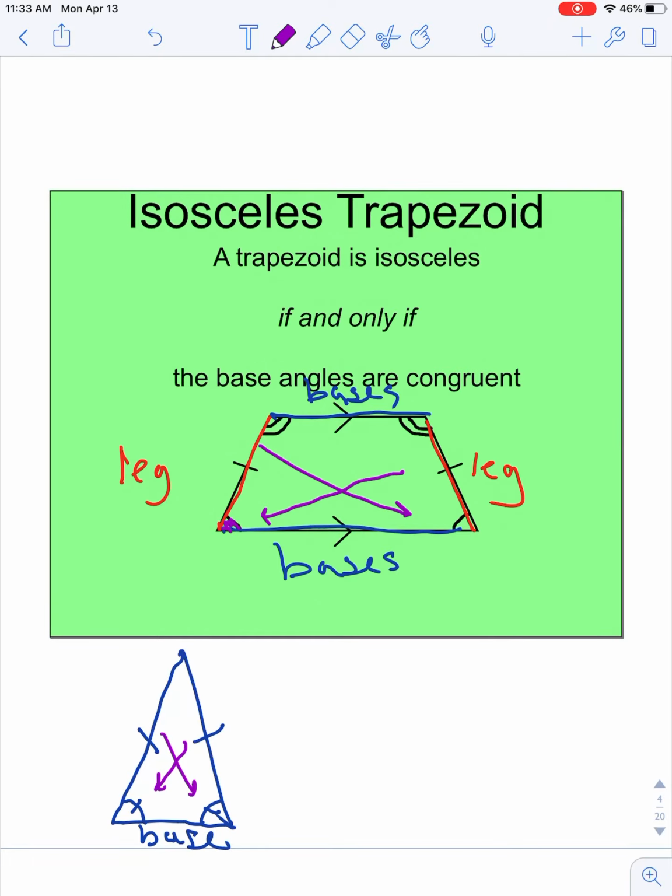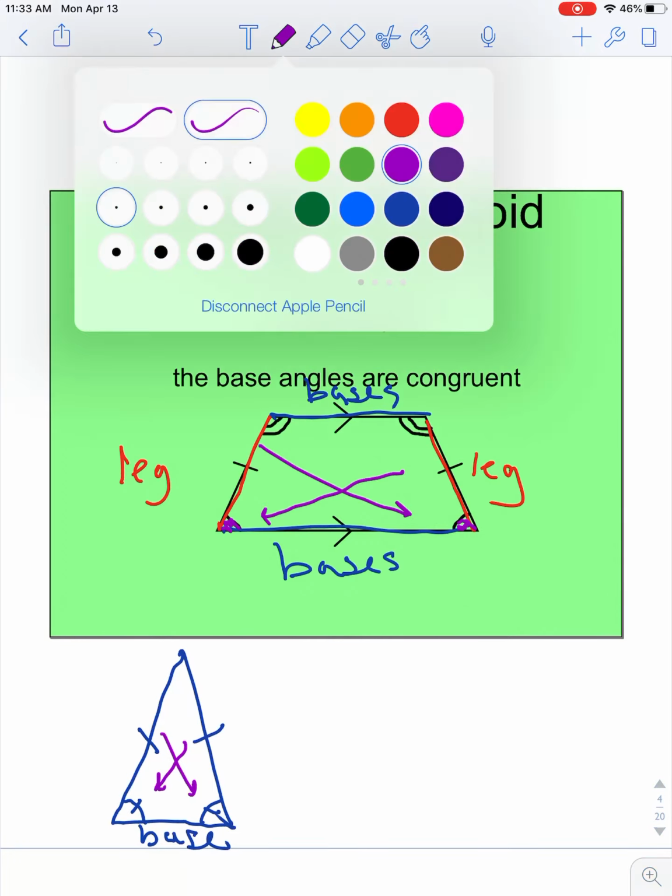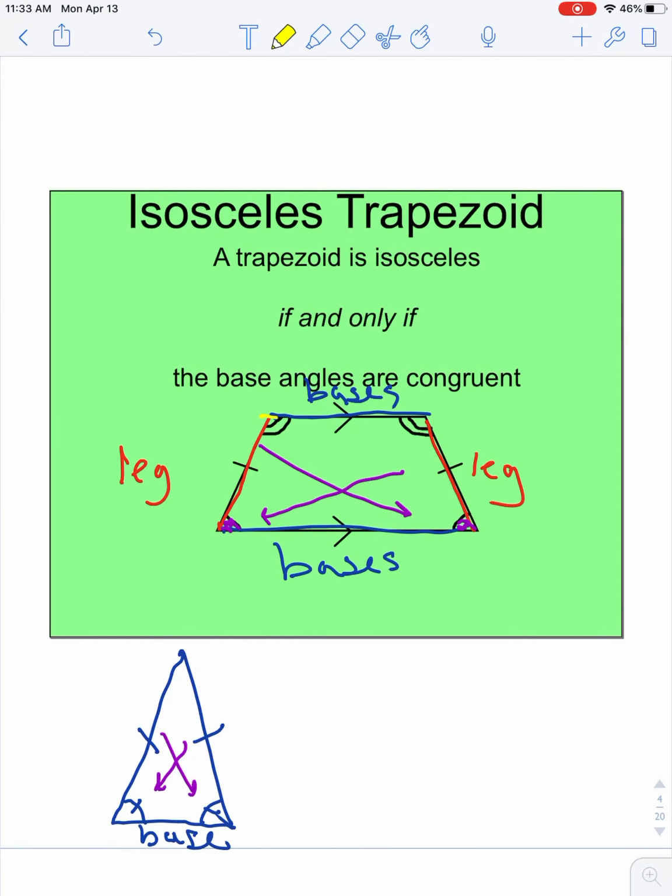So these angles opposite the congruent legs will also be congruent. So a trapezoid is isosceles if and only if the base angles are congruent. So if you spin this and now this top piece right here is your base, again you have these legs, but you also have these base angles congruent.